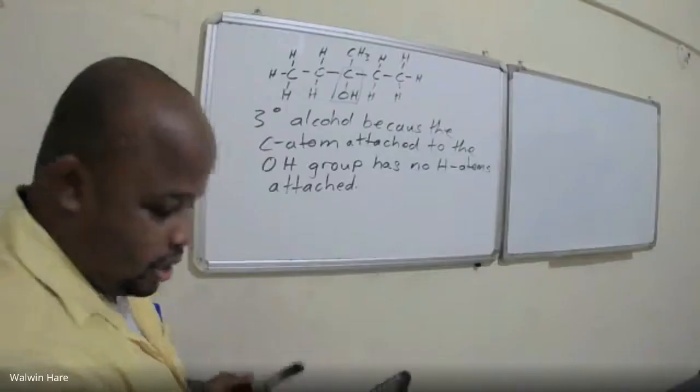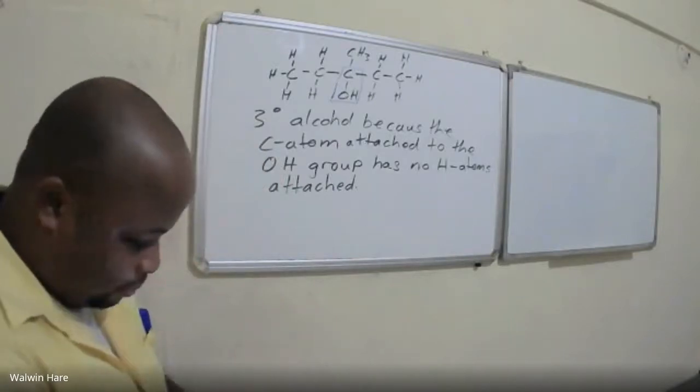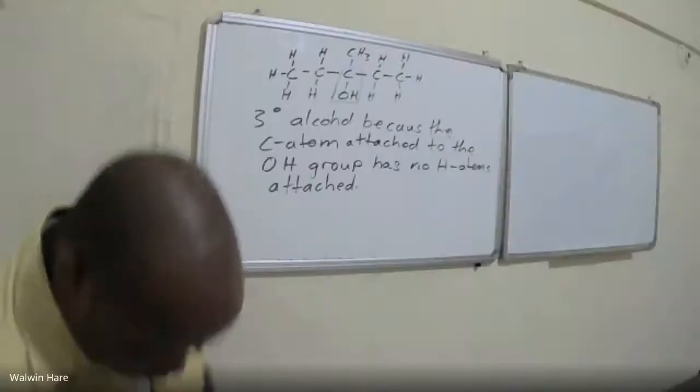Oxidation. Right, so oxidation of alcohol, and the reagent for that would be potassium permanganate or potassium dichromate.